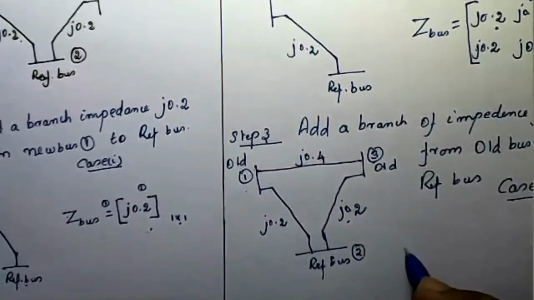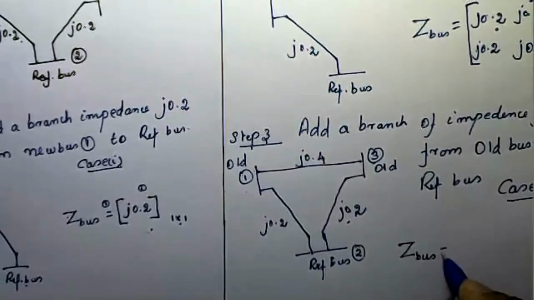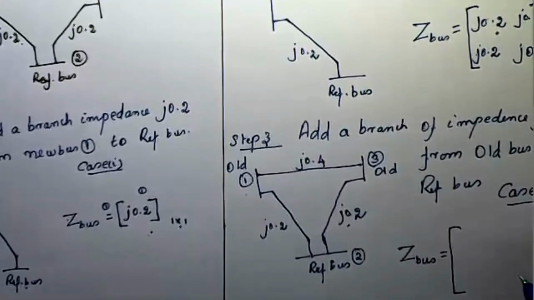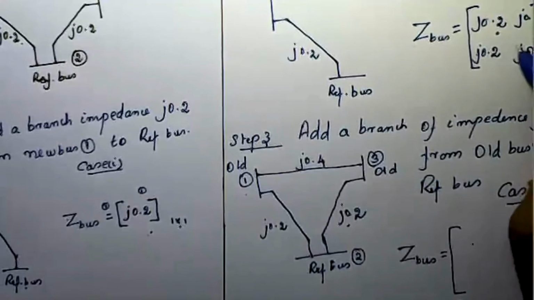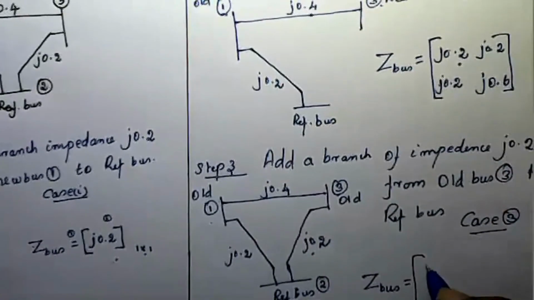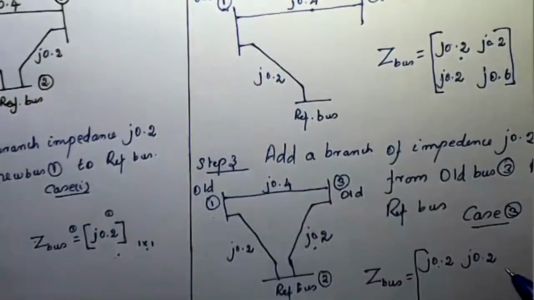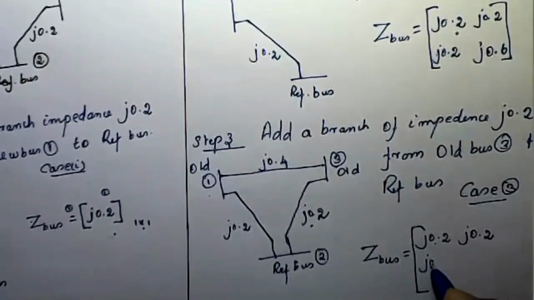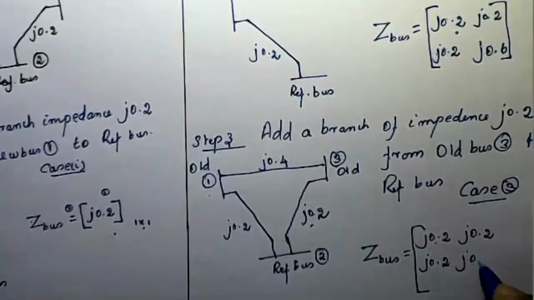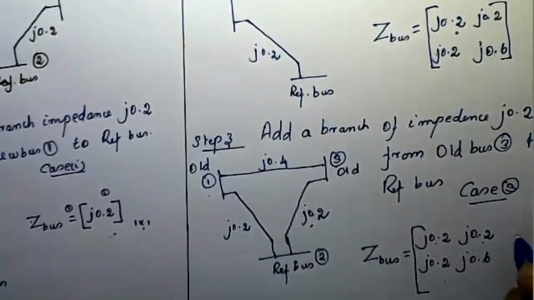In case number 3, the bus impedance matrix is equal to the original matrix, just copied from the previous step, J0.2, J0.2, J0.2, J0.6. Then increase one row and one column.